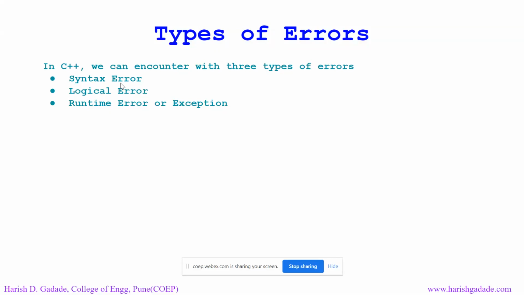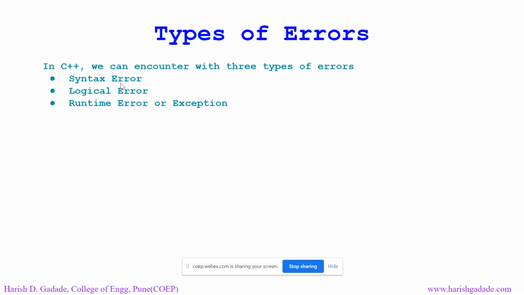Suppose you have a program for division of two numbers, and you accept the first number as 10 and the second as 2, then the program will work properly. But if the first number is 10 and the second is 0, then 10 by 0 will give an error.